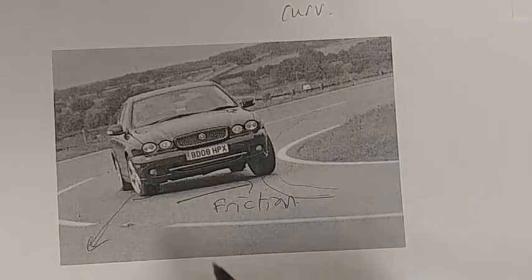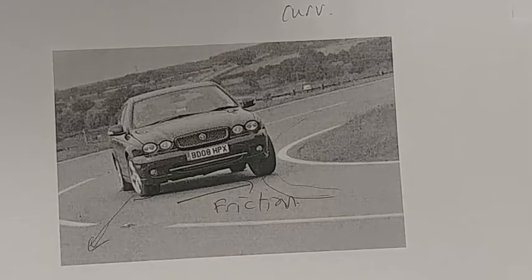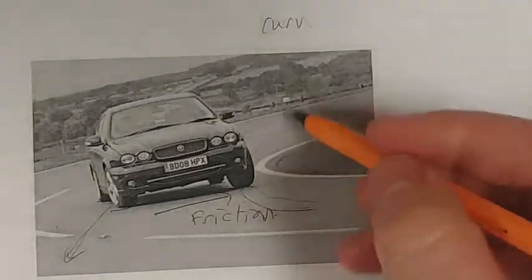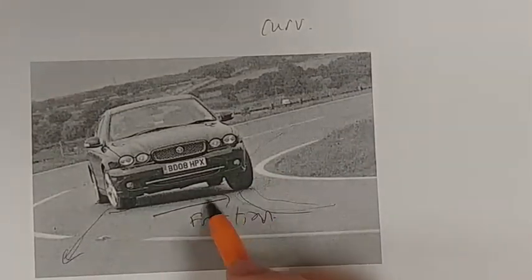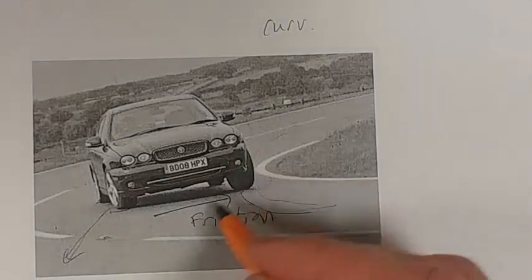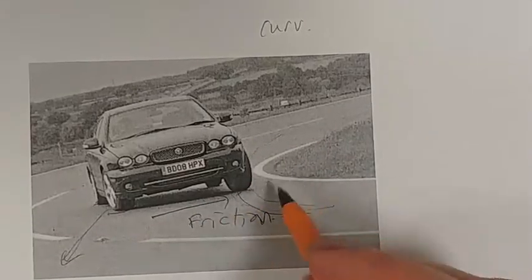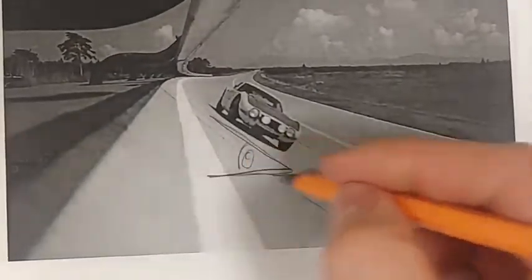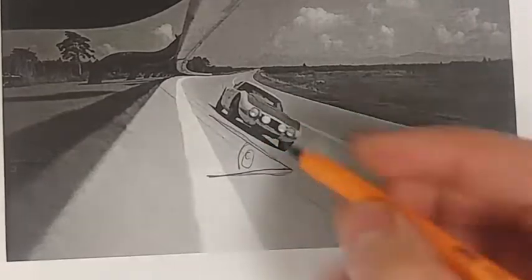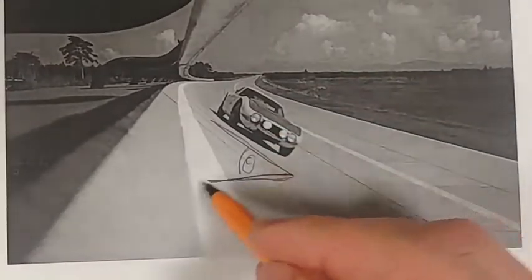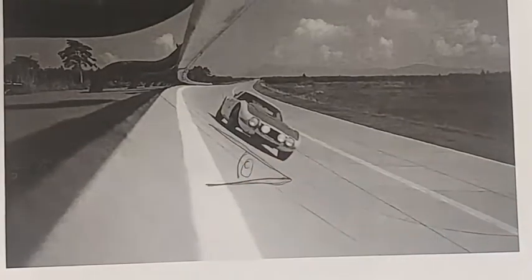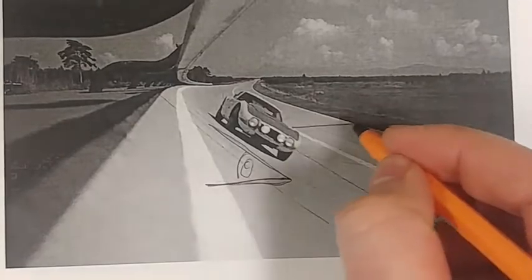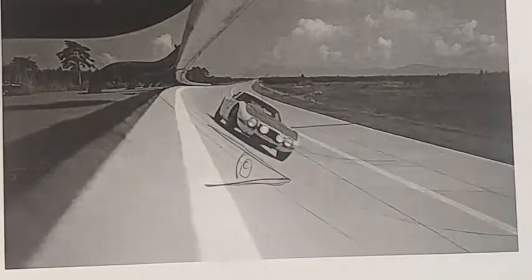So the point is, we want to get this car going in a curve. If the road is flat, then the only force pushing the car inward is friction. Now, what happens if we increase this angle? It is no longer going on a flat surface, it is going at an angle, but we still want the car to go around the curve.